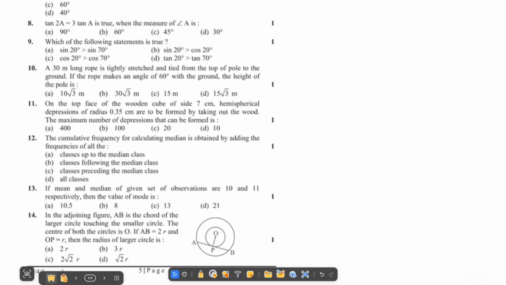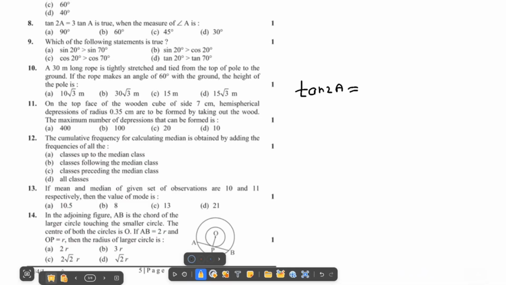Eighth question. So what is the eighth question? Tan 2a is equal to 3 tan a is true when the measure of angle a is... So tan 2a will be equal to 3 tan a for what value of angle a? Let's check the LHS for 90 degrees, option A. The LHS of the given one is tan 2a.